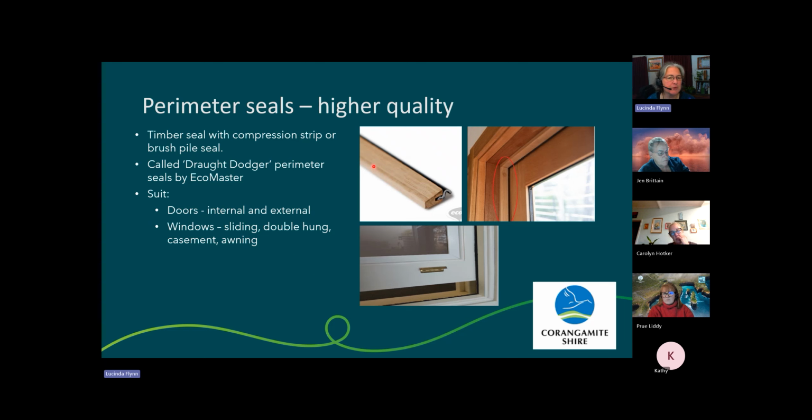And you can get them also primed, so they're white, and that way you can paint them to whatever colour your door or window is. The way they go is in the frame of the door or window, and then the door or window closes onto them. So they're different than the other ones because they're not going in the gap between the frame and where the door closes. They're actually outside of that.